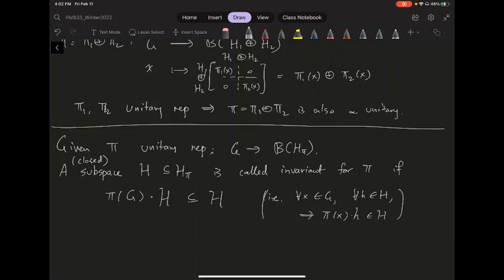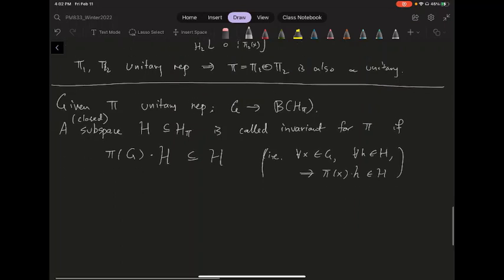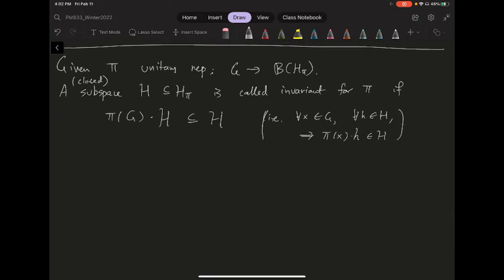So the image of this π acts on H and maps H back to H. Whenever you have something that's invariant, in operator theory, that usually tells you that a certain part of the operator matrix decomposition is actually zero.